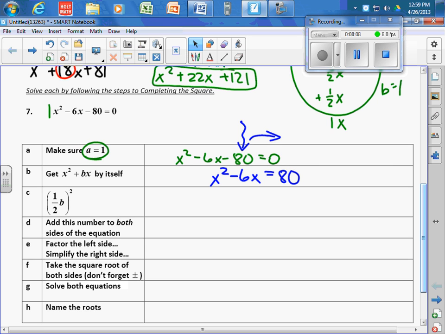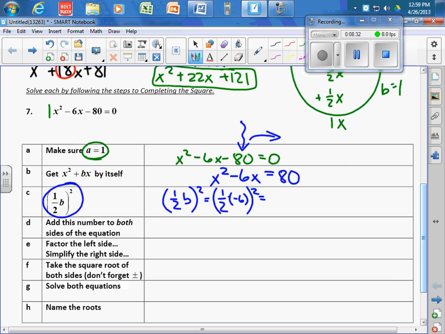Now, here's the next step. We're going to take b times 1/2. Here's the formula. Just take this formula, 1/2 of b, and square it. Well, 1/2 times what? -6. And we're going to square that. What do you get? Well, what's half of -6? -3.